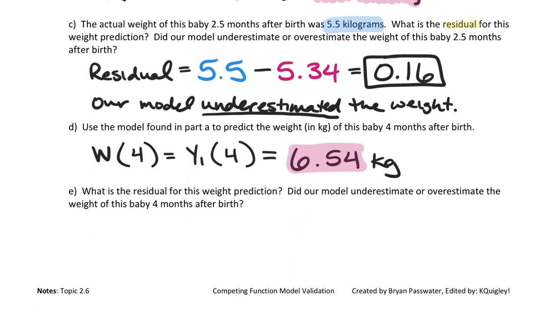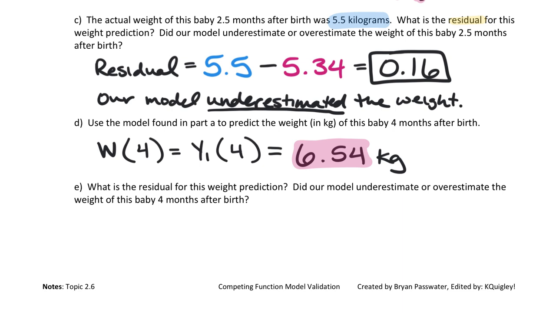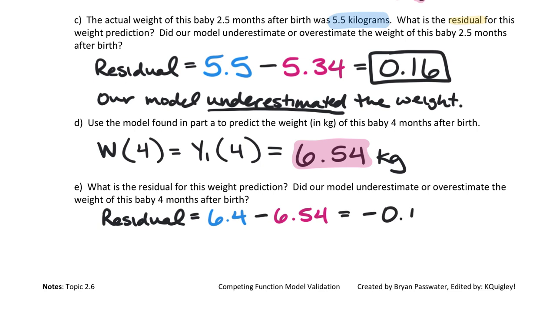So we do actually have that actual weight. So our residual here is going to be 6.4 minus 6.54, which if you calculate, that is negative 0.14.